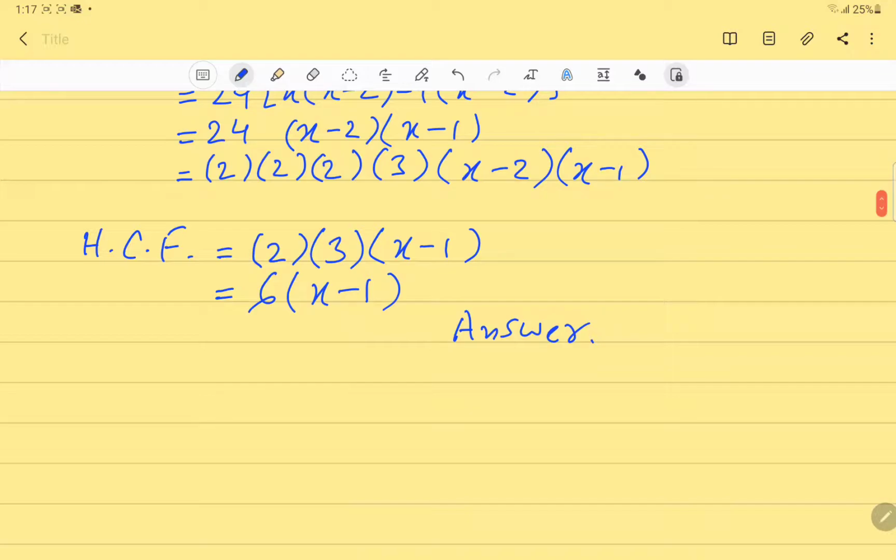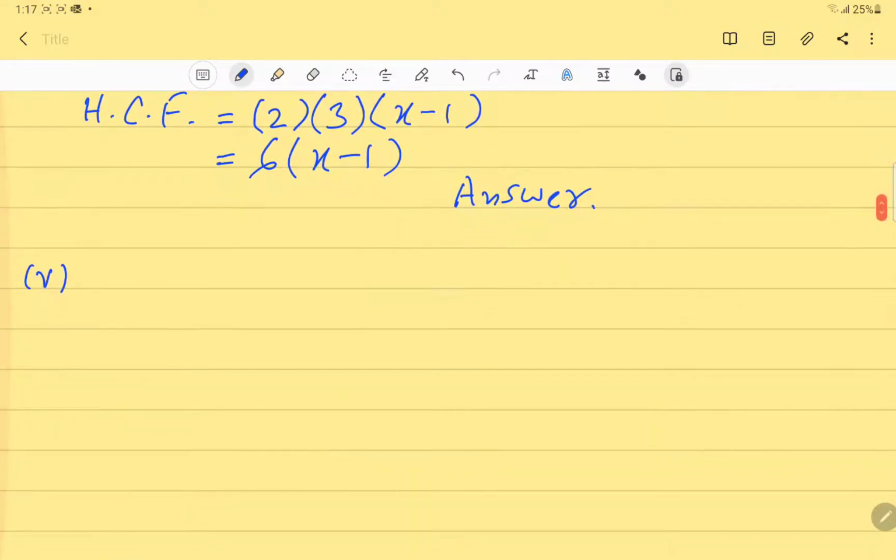Now the last part of this question, we'll go to the fifth one. In the fifth question we have only two expressions, so let's write those first.